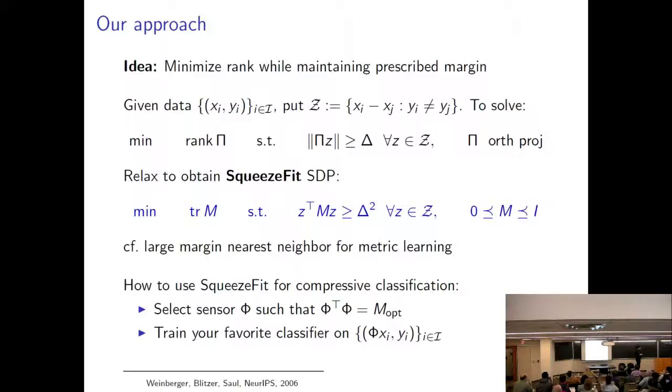We're going to look at the rank of M opt. The rank's going to be small. Call the rank R. My sensor is going to be a short fat matrix, with R rows, such that phi transpose phi equals M opt.